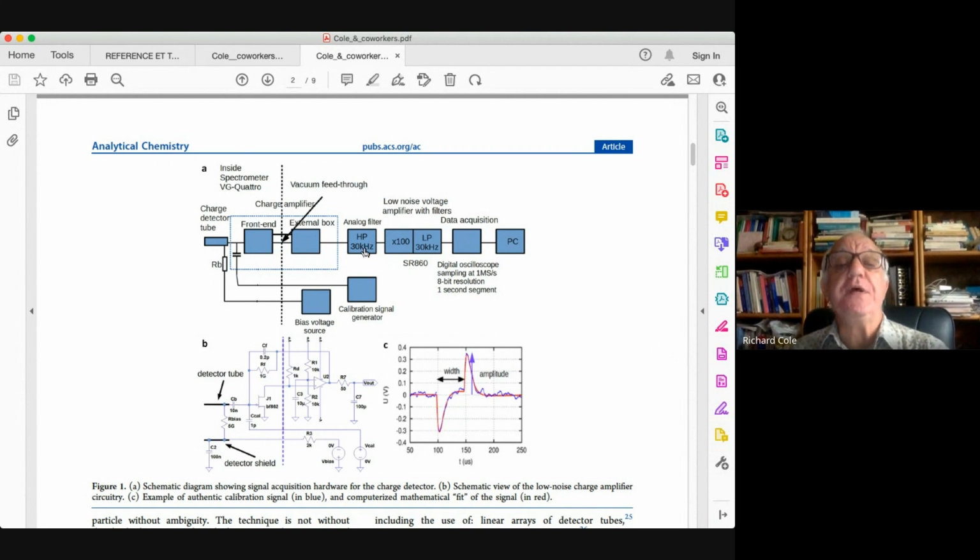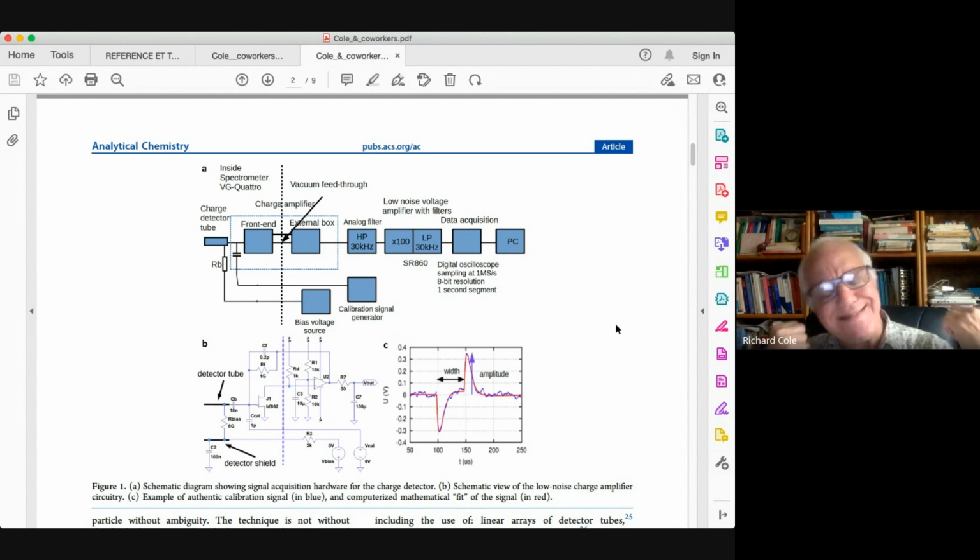Afterwards, outside the vacuum chamber, we have a series of filters and an oscilloscope and a PC for capturing our different particle events. In order to consider that we've gotten a usable signal, what we're really looking for is a signal that has this type of shape.